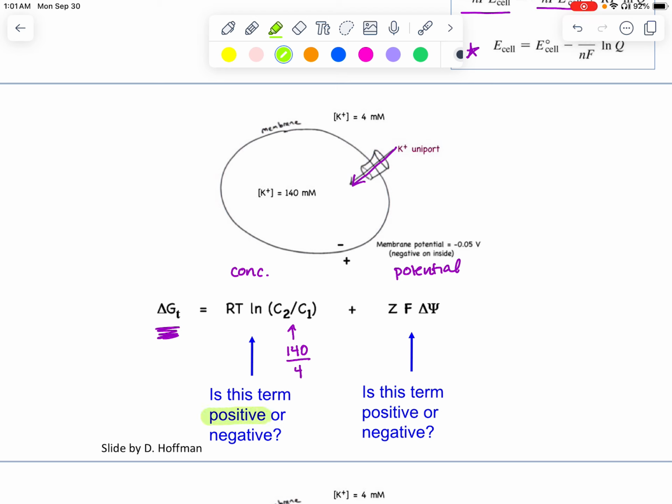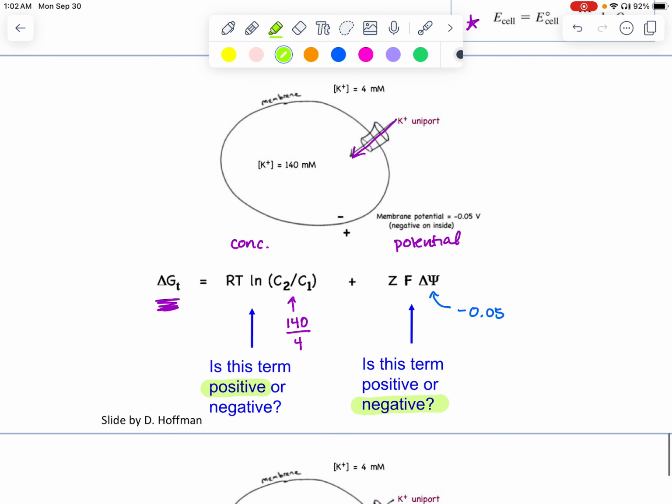That's what I predicted. It is not going to be spontaneous based on just the concentration. Now, over here, I know that this is a negative value. It's actually negative 0.05. So this overall thing is going to give me a negative value, and it will be favorable based on the cell potential. Also what we expected.